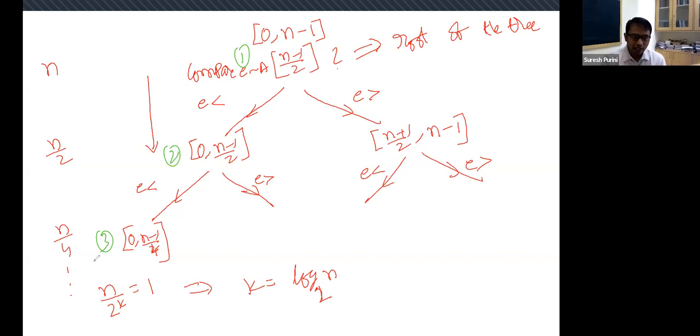So the size of the interval here is n, at the next level is n by 2, at the next level is n by 4, so on and so forth. Finally, at the kth level, the size of the interval is n by 2 power k, and when n by 2 power k is equal to 1, you cannot split, there is only one element. At that time, you stop the search, and n by 2 power k is equal to 1 implies k is equal to log n to the base 2.